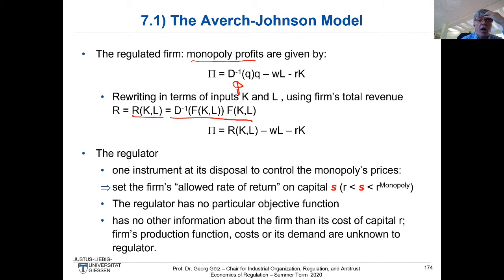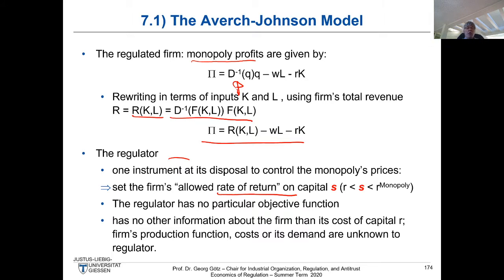What we are doing now is, we know that this company is not a standard unregulated monopoly, but it faces regulation, and the regulator has only one instrument to determine the behavior of the regulated company, and that's setting the allowed rate of return on capital. And you will see that this affects the prices the firm can charge, because it affects the investment.